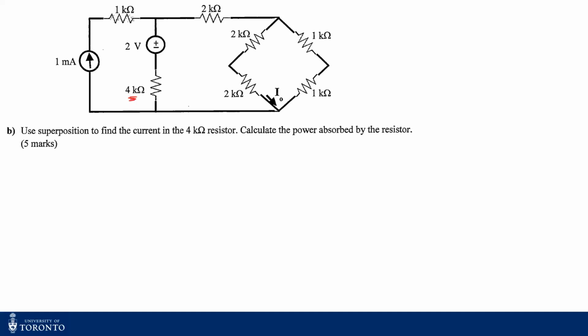If I want to find the current through the 4k ohms resistance, I know from my mesh analysis my I1, I2, and I3, right?